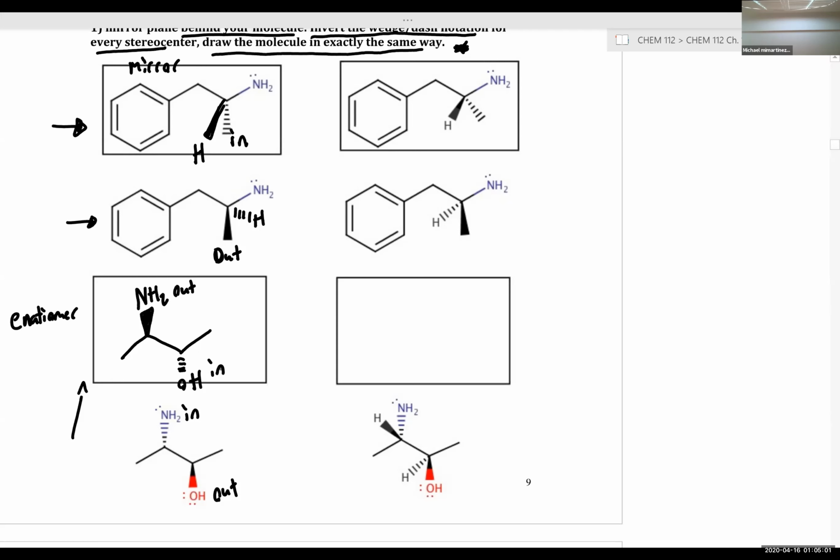So let's do that really quickly. I'm just going to put together a small model for you. And while we're doing that, I'd like you to try to draw the enantiomer of the structure on the right. And then once we have that drawn, we'll come together as a group to discuss, and we'll compare, and we'll check to see if we did everything correctly.